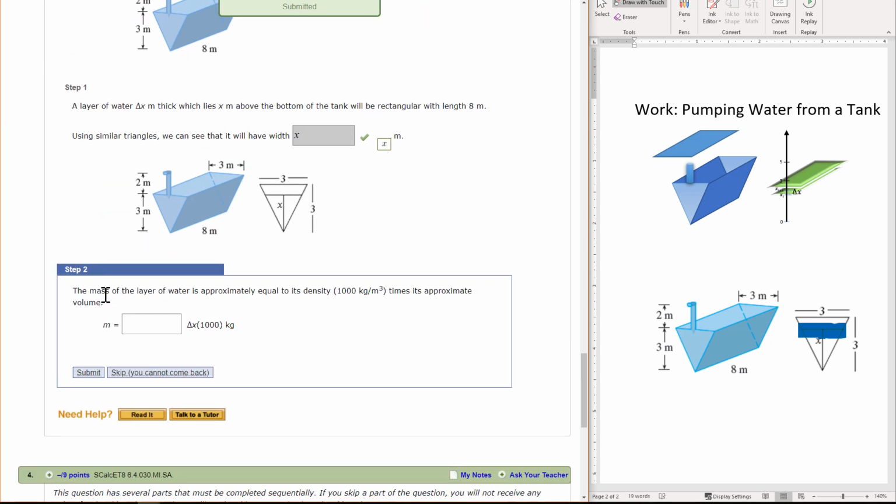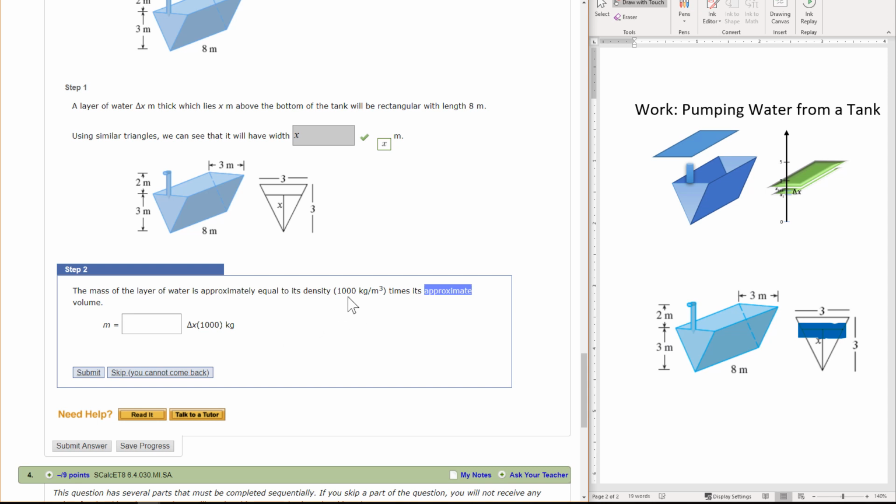Now the mass of a layer of water is approximately equal to the density, which they want us to use as 1,000 kilograms per cubic meter, times its volume. It says approximate volume because the delta x has a thickness, but the thickness doesn't conform to the shape of the tank, so we're just going to assume that it's an approximation.